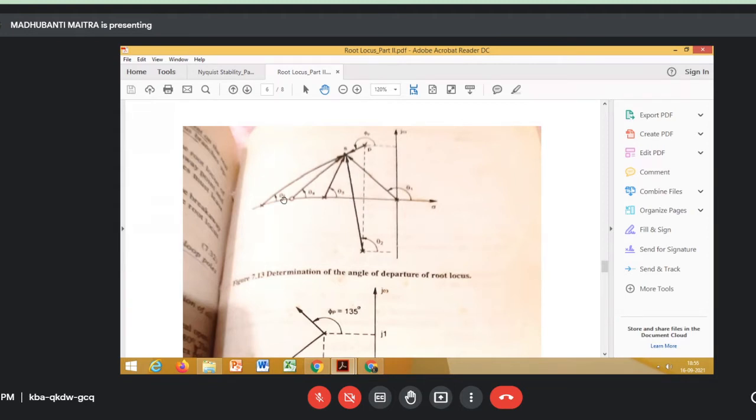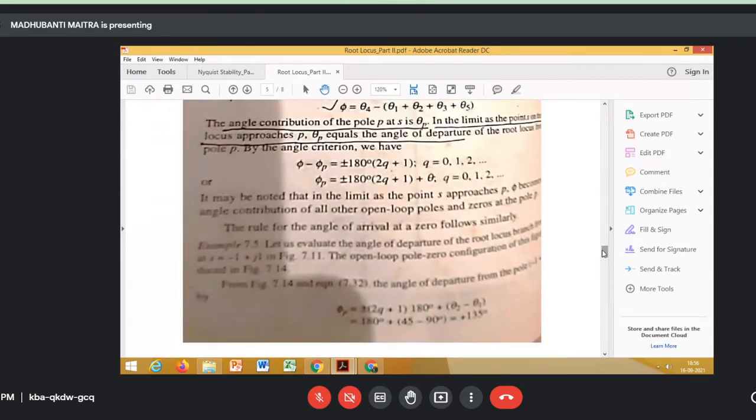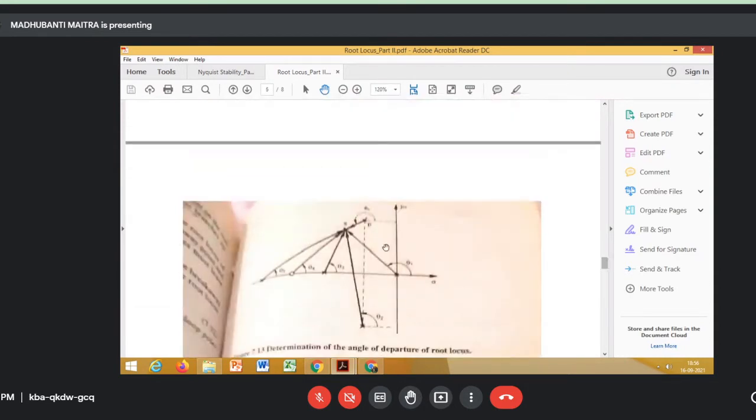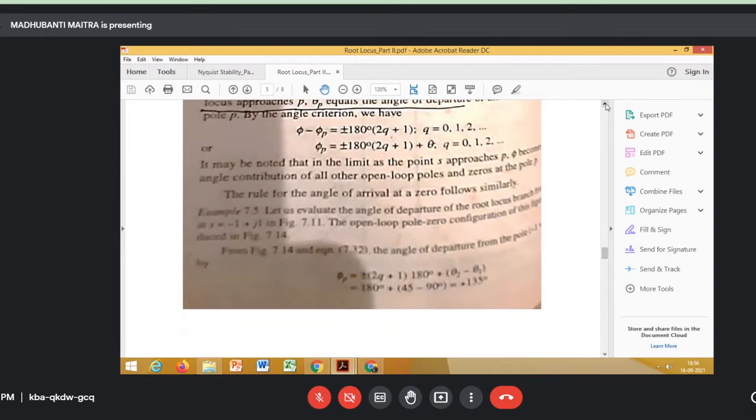Do you agree? Okay. So let's call this net angle contribution by all other open loop poles and zeros by the symbol phi. Now, at this point, this pole is contributing an angle phi p. Since this is a pole, the angle of G(s)H(s) at that particular point will be given by phi minus phi p.